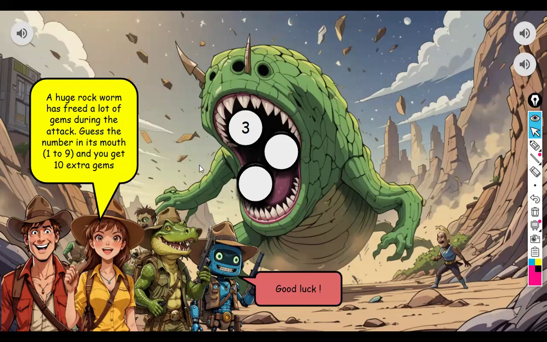Next one is 5. So 5 is also a lucky number. And the last one is 9. Those are the 3 lucky numbers, right? I see some people are just angry. They're like, what? Okay. So 3, 5, and 9 are the lucky numbers there.